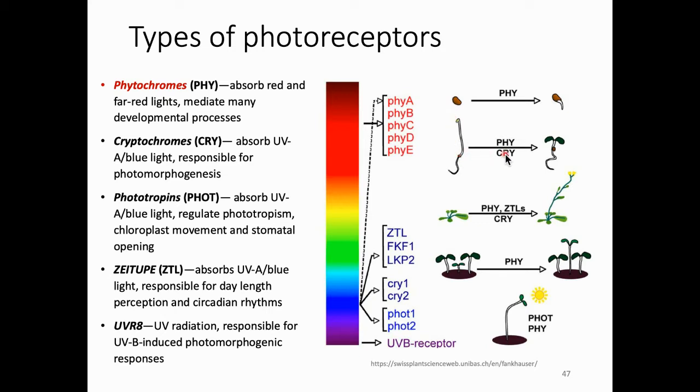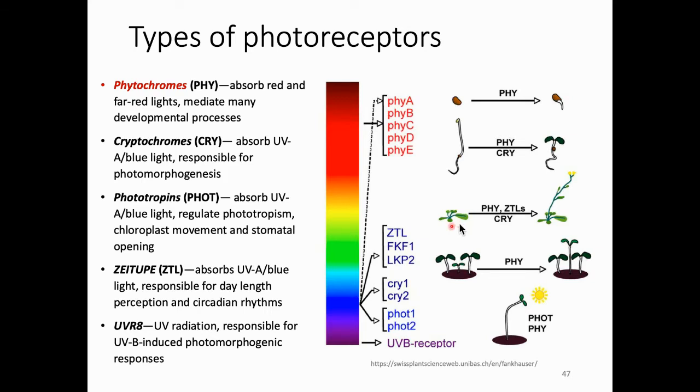Once they receive light through phytochrome, actually there is a lot of phytochrome here, and also cryptochrome, which is the UV and blue light absorbing photoreceptor, the plants will become shorter, sturdier, greener, with expanded leaves. So the next one, cryptochrome, responds, again, to photomorphogenesis, like the one I have just explained.